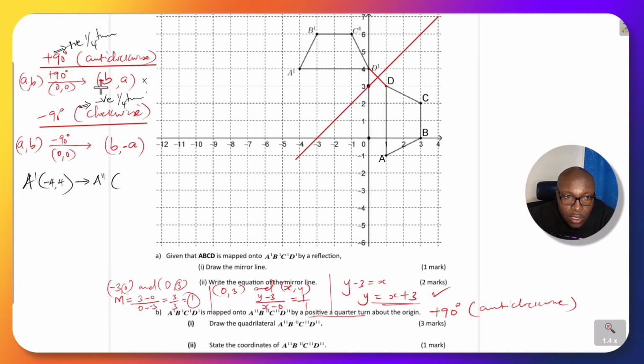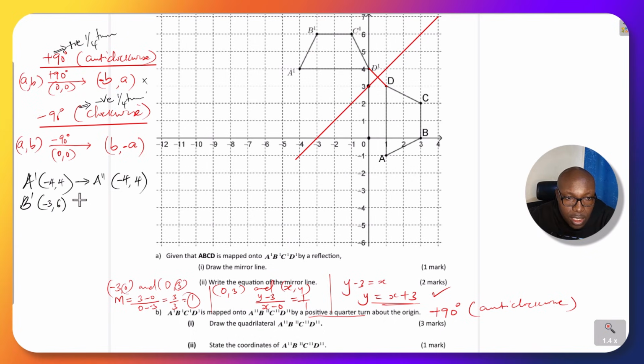If we go by this positive quarter turn, so minus BA. Of course you first interchange the coordinates and then you negate the new x coordinate. So what about B prime? B prime is negative 3, 6.